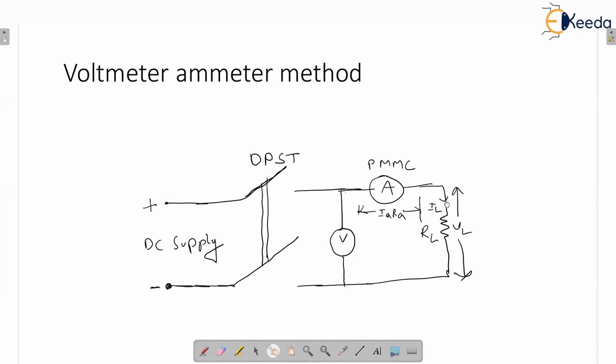So the current through the ammeter is the same as the current through the load.